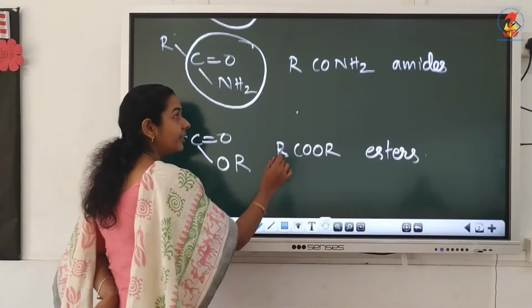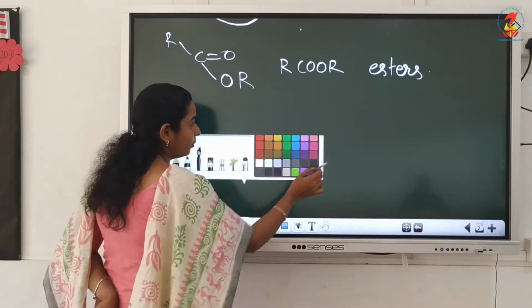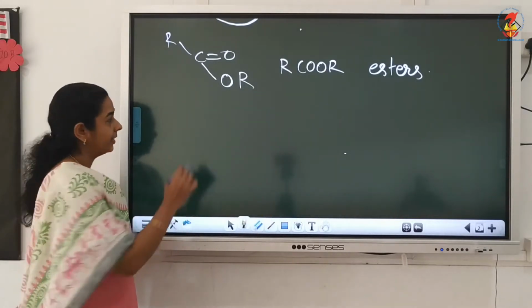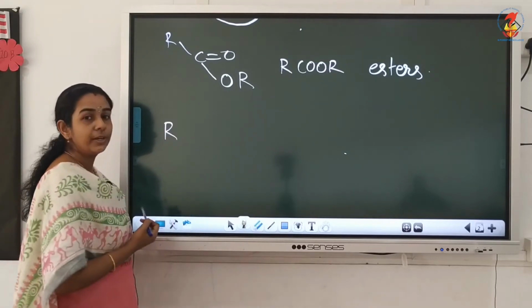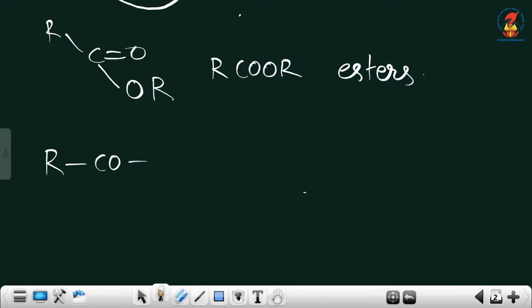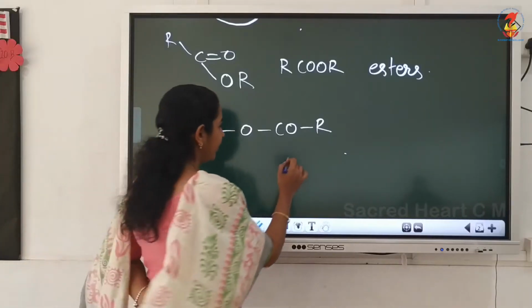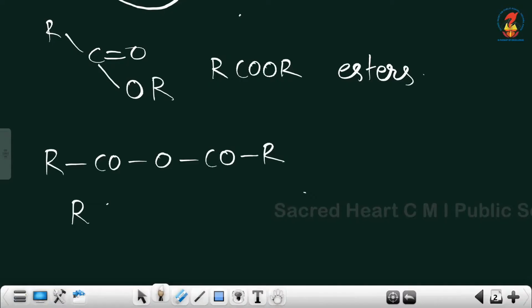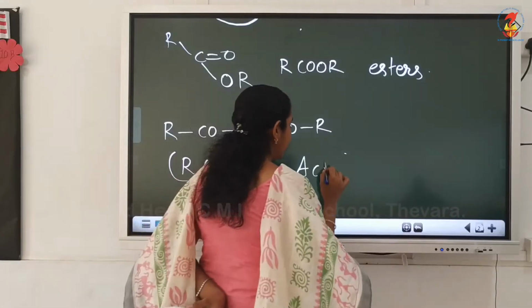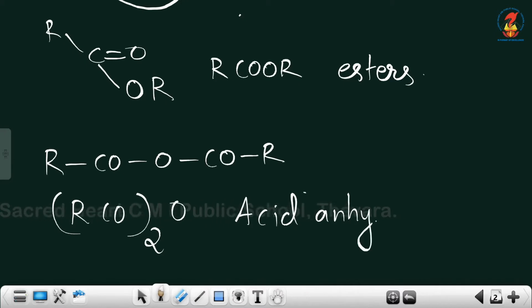Now, another very common example for carbonyl compound is anhydrides. What is anhydride general formula? We have already studied in class 11. RCOOCOR. This can also be written as RCO twice O. This is acid anhydride.